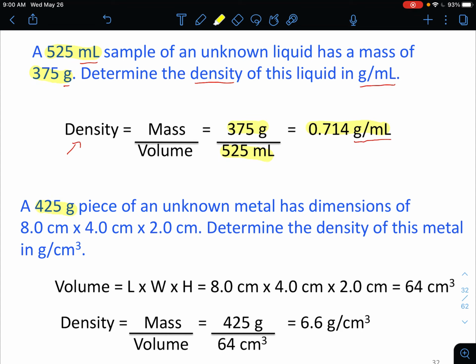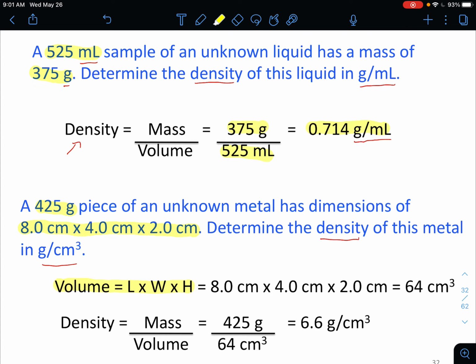A 425 gram piece of an unknown metal, so now it's a solid, has dimensions of 8 by 4 by 2 centimeters, and we want to figure out the density in grams per centimeter cubed. I've got this rectangular prism, presumably 8 by 4 by 2, so to get the volume it'll be length times width times height.